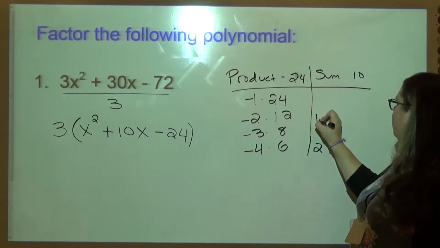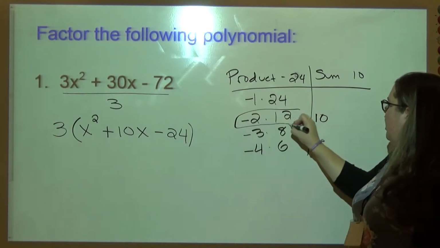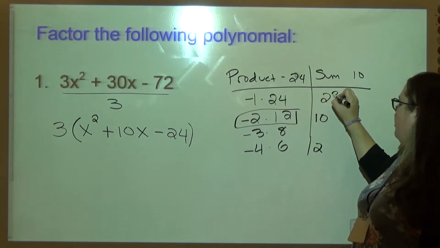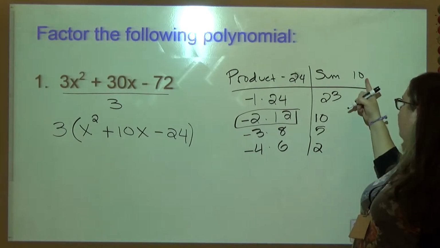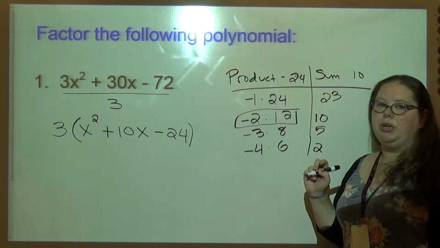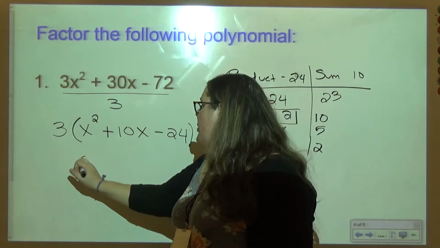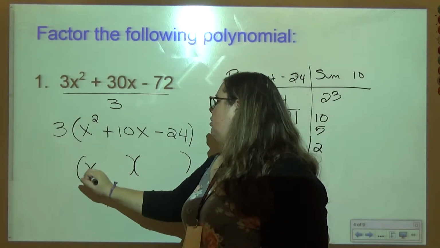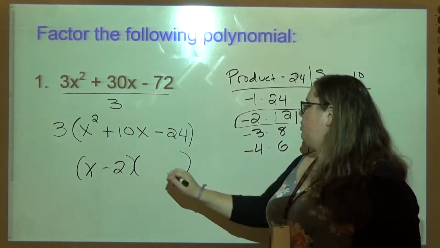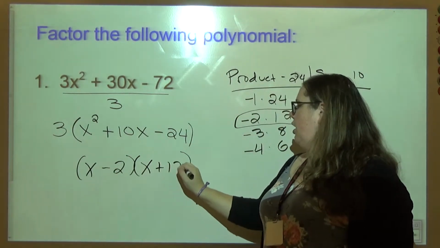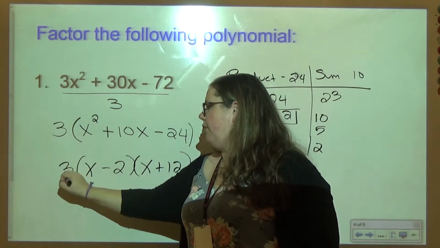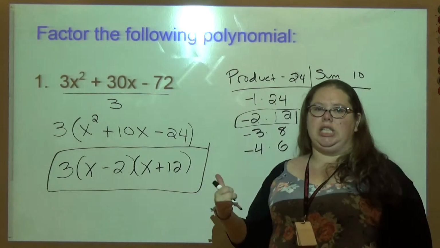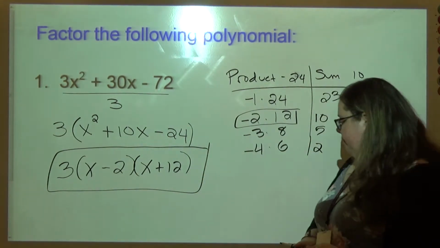But over here, the negative 2 and 12 does give you 10. So find which pair gives you a sum of 10. So those are my two numbers. So I'm going to factor my trinomial, x minus 2 and x plus 12. And don't forget to keep that GCF in front. And that's factoring completely. We factor using a GCF and then our product sum.